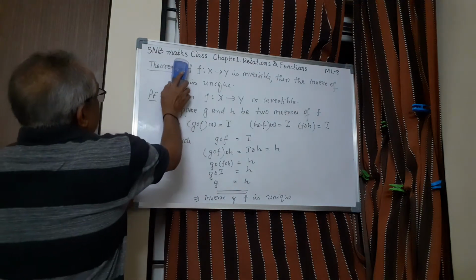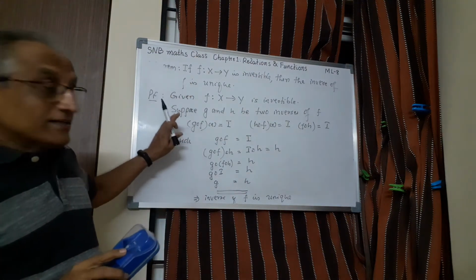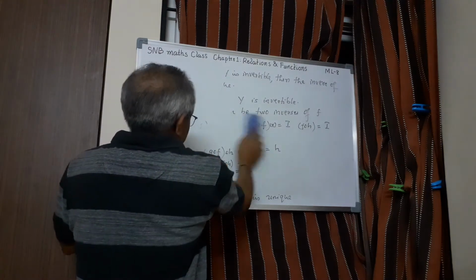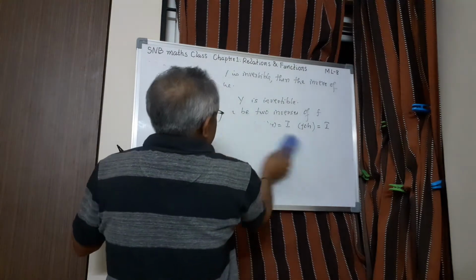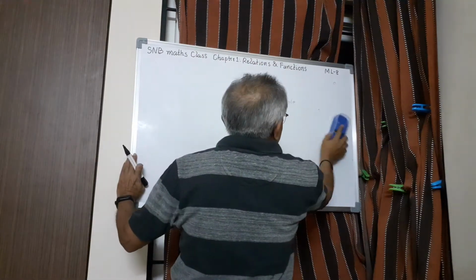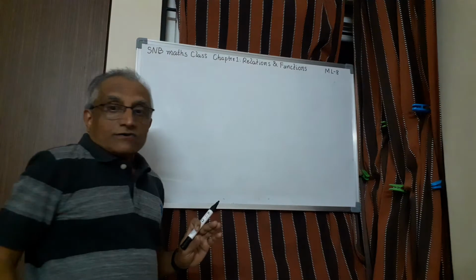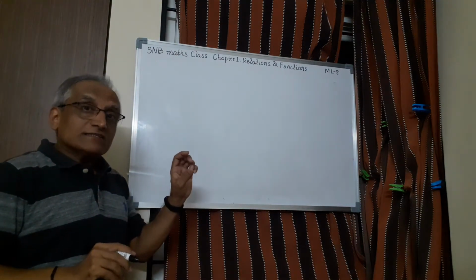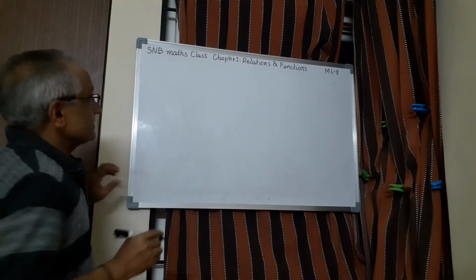Now there is one more theorem. This theorem is not given in your textbook as a theorem, but it is given as an example actually. Now let us take the next important theorem, that is inverse of a composite function. That composite function is the composite function of two invertible functions.